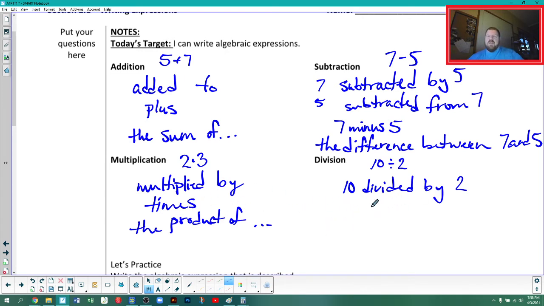That's the quickest way. If you want to go with the last one that all the other ones have, it would be the quotient of. The quotient of 10 and 2. There's not many other good ones that we can deal with very easily. Obviously you can say 10 split into 2 equal groups, that would do it, but that's just a little more work.